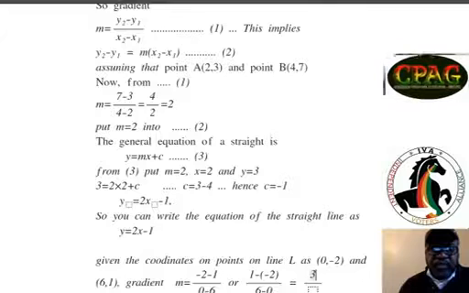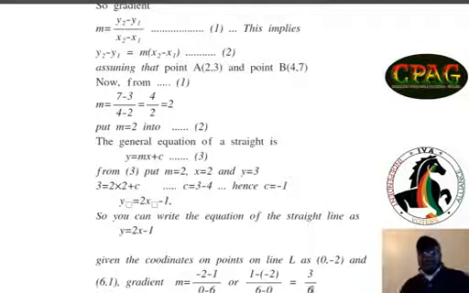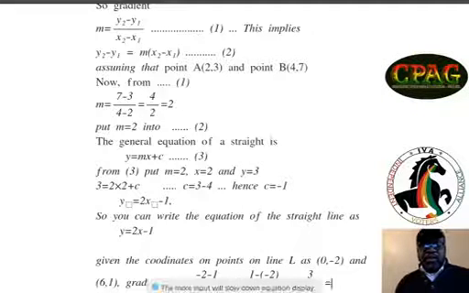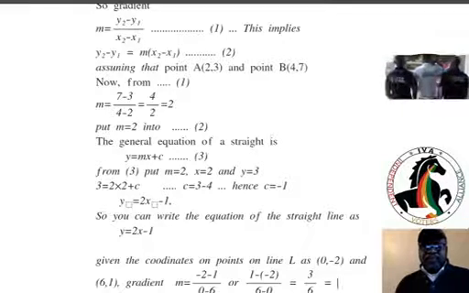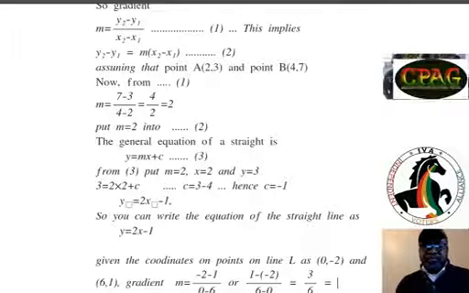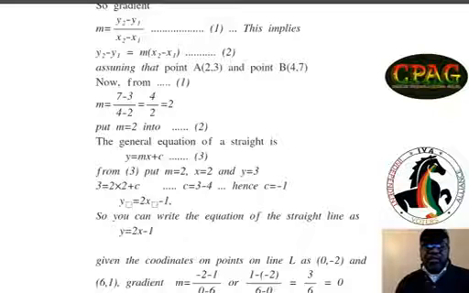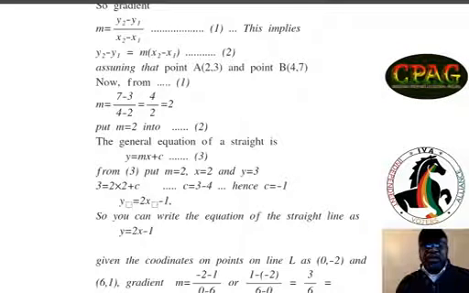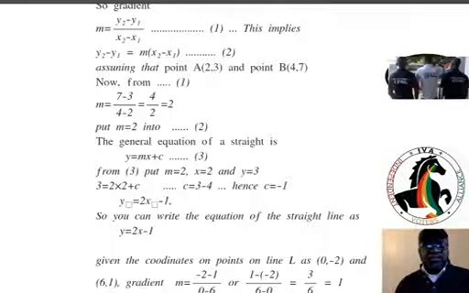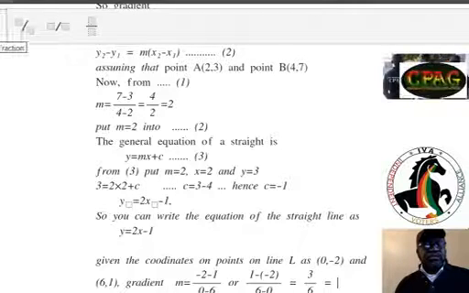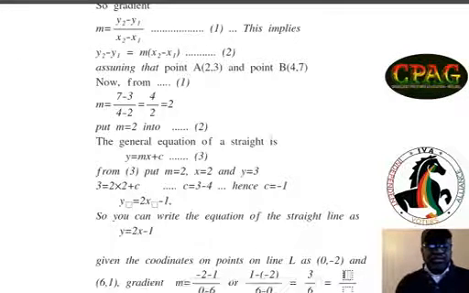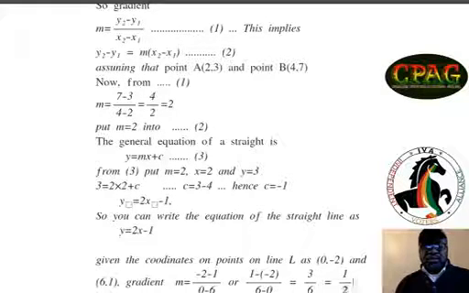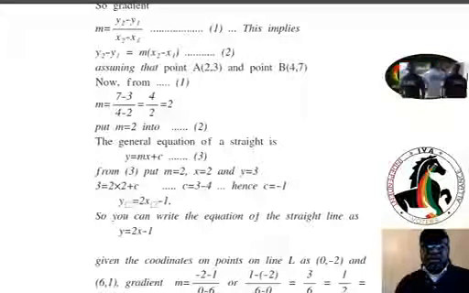So this is the gradient, 3 over 6. You simplify it, you get 1 over 2, which is equal to 0.5.